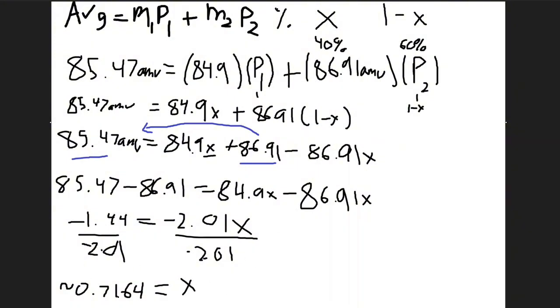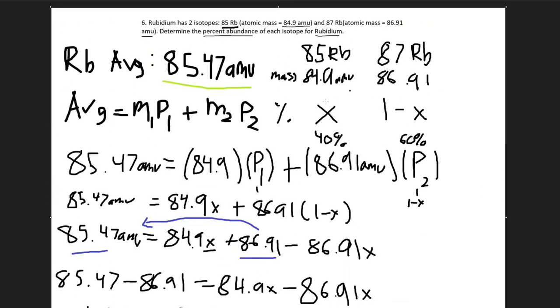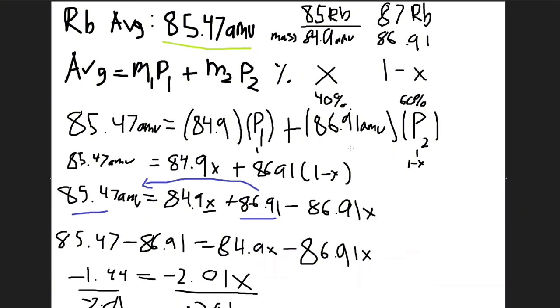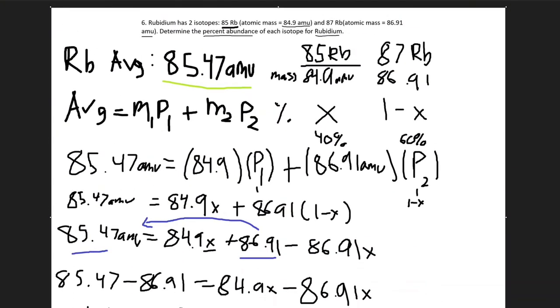So now that we have this, this is our percentage for x. And remember, x was 85 rubidium. So now we know that it is not 40%.